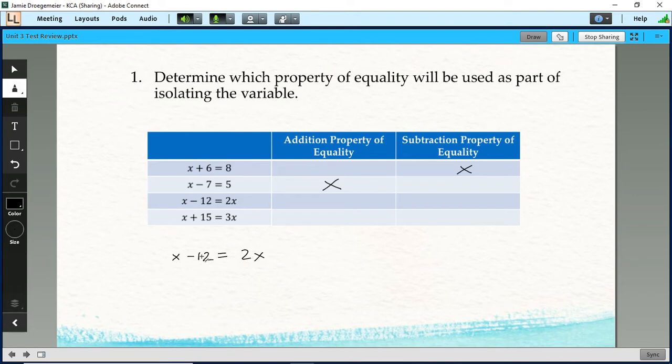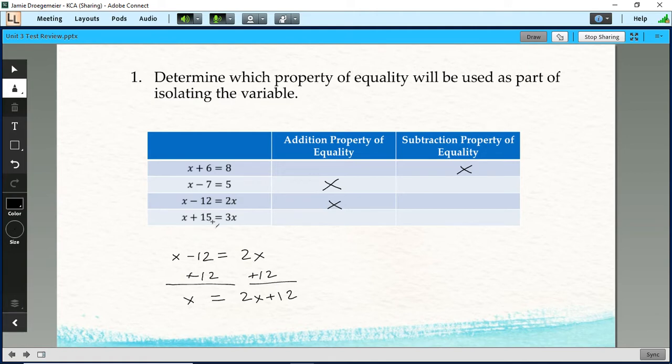In doing that, in isolating the variable, we need to move that minus 12. And so when I do that, I'm adding the 12 to each side. So I'm really using the addition property of equality with the constant. In solving, I would then need to move this 2x over and so on. But we're talking about isolating the variable. Our first step here would be to move that.